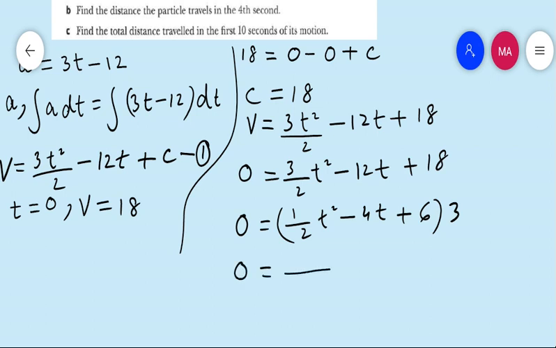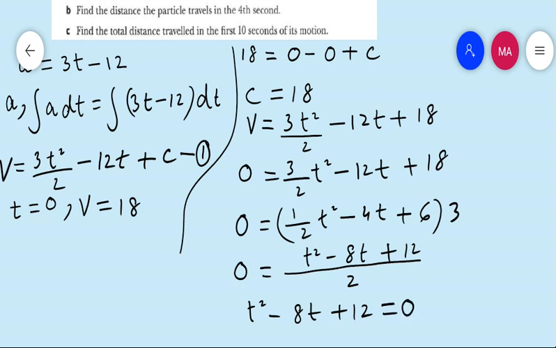Taking the LCM 2, we get t square minus 8t plus 12 is equal to 0.